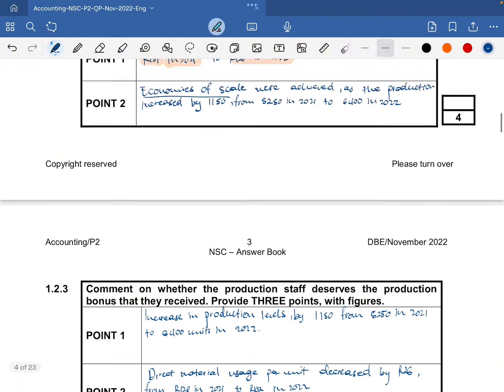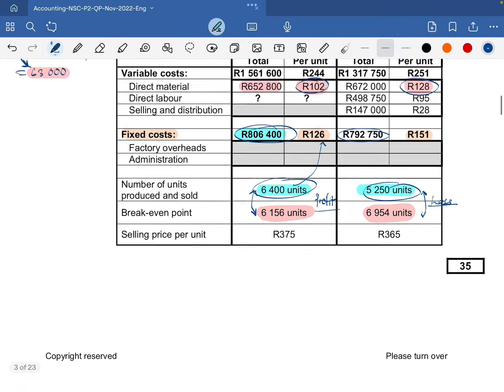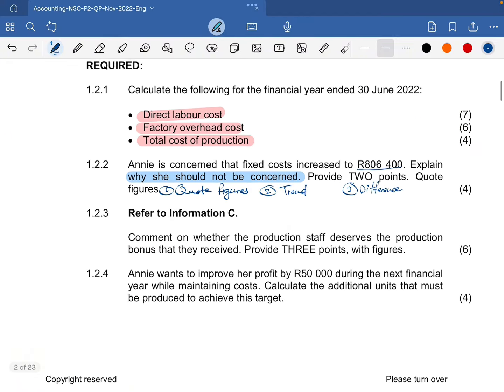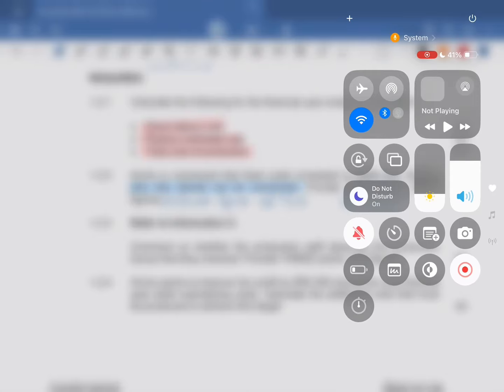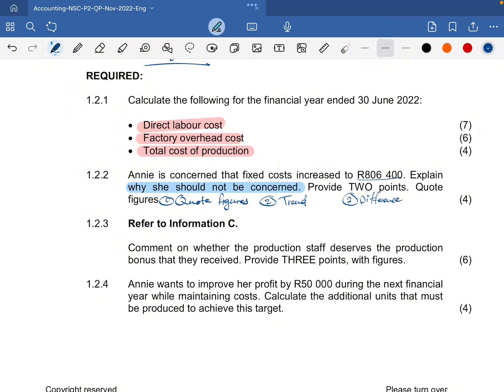Okay, now we're going to move on to 1.2.4, which is the last question. In this question, Annie wants to improve her profit by 50,000 during the next financial year while maintaining costs. So we need to calculate the additional units that must be produced to achieve this target.